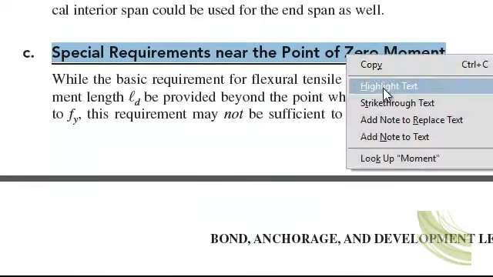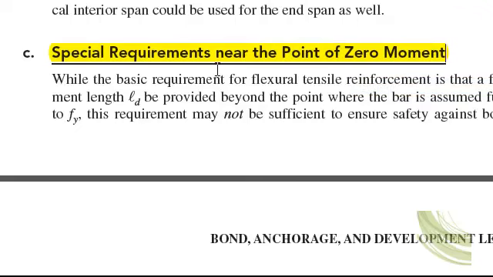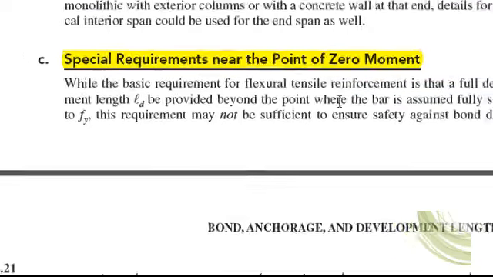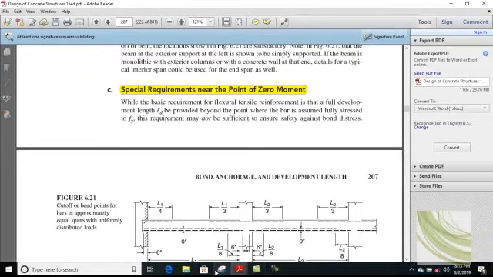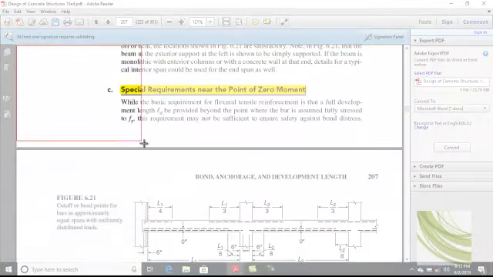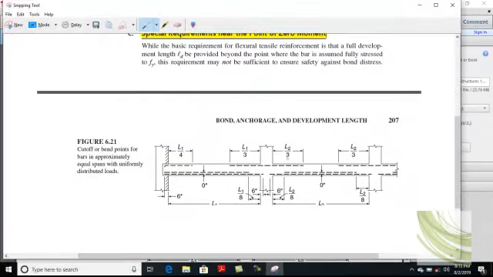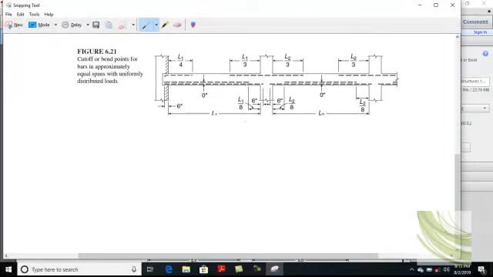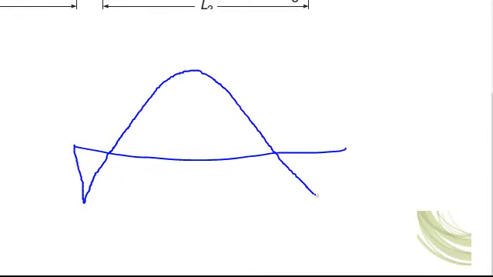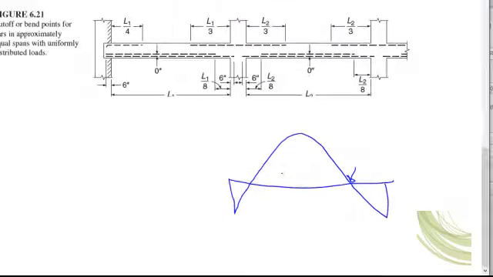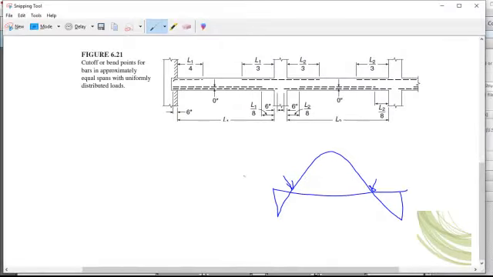Okay, so the present topic is special requirements near the point of zero moment. This means that whenever there is a point of inflection, zero moment means where moments become zero, because we see in the continuous beam, which is somewhat like this, this is called point of inflection.